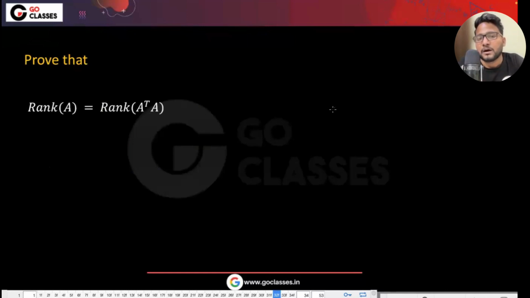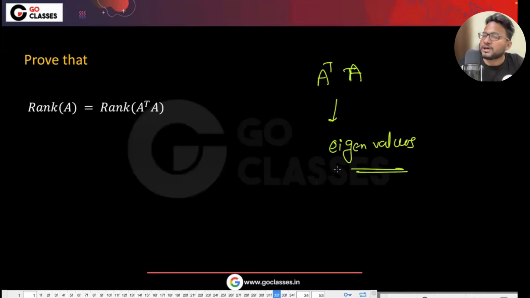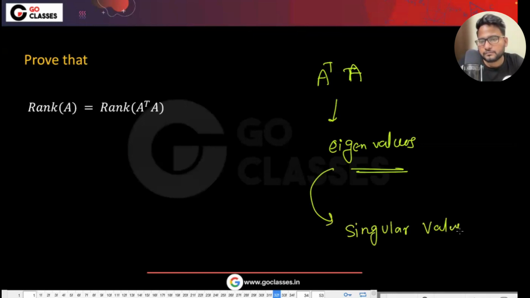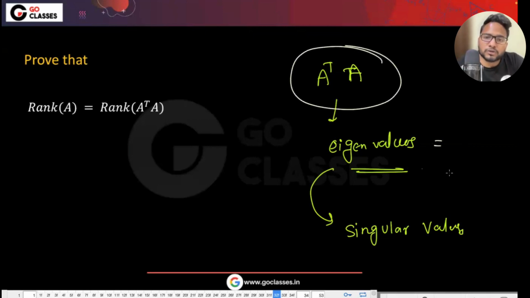Then I will do what? I will find out the eigenvalues of this A transpose A. Those are nothing but singular values, right? So basically, whatever the non-zero eigenvalues are, I will get to know the rank of A transpose A using those eigenvalues.